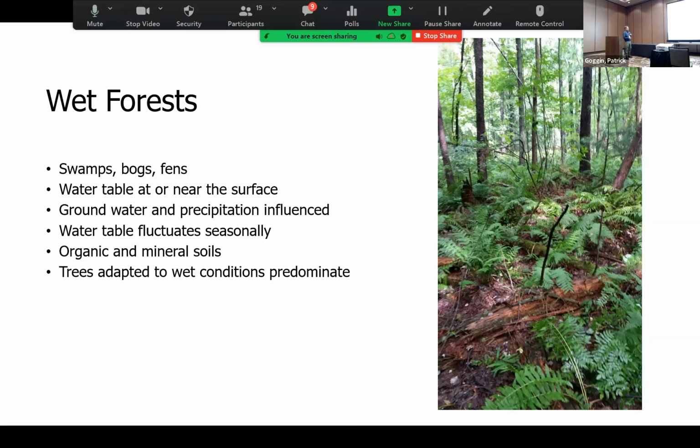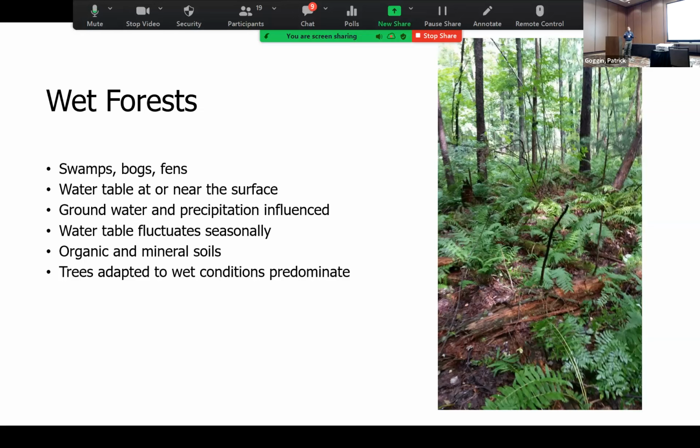And of course, you have trees that have to be adapted in some way to those wet conditions. Some of them you may not think are adapted to wet conditions. Think of a species like jack pine, the scrubbiest kind of pine that grows on the driest sands. It will also grow in a wetland forest if there is enough drainage in that top layer.